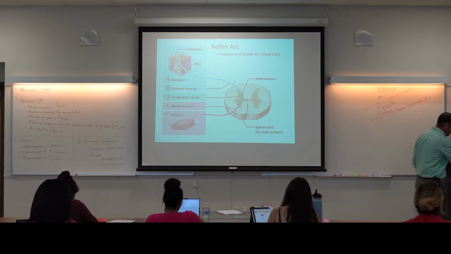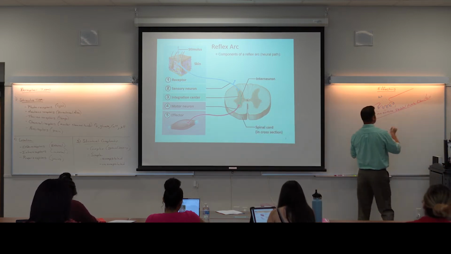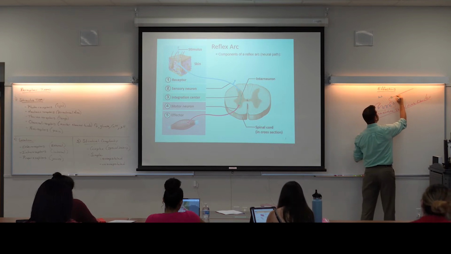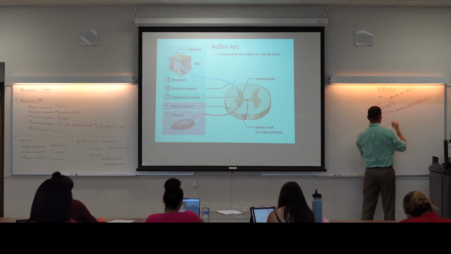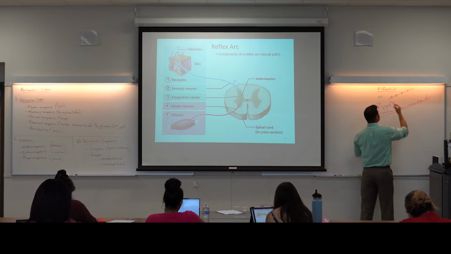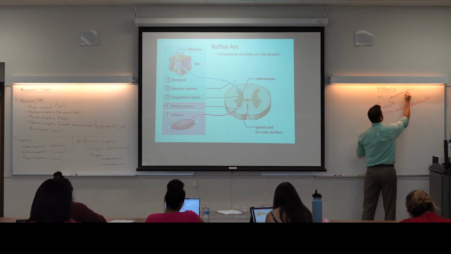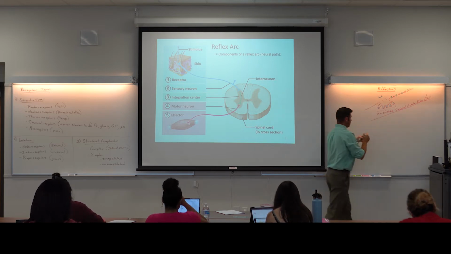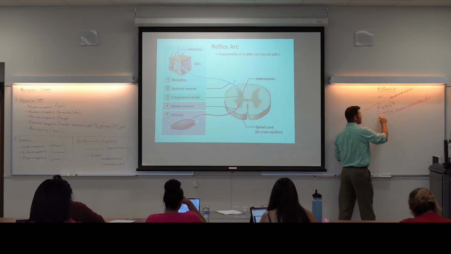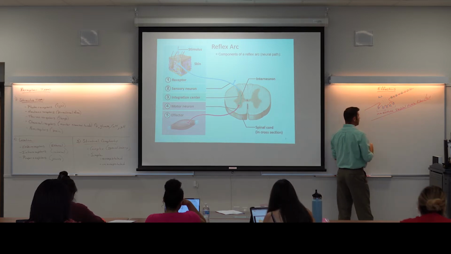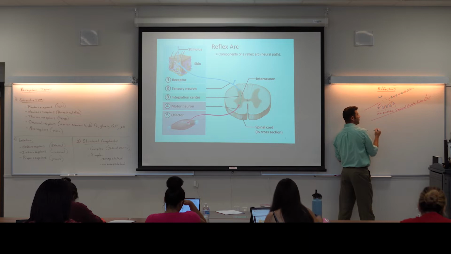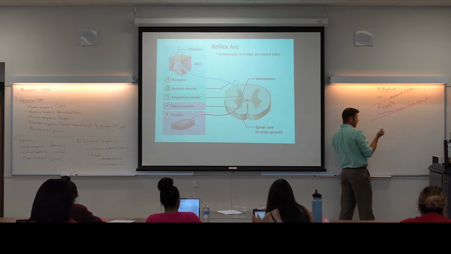There it is. As soon as we got up to this smooth sarcolemma is where we had our voltage gates for sodium and voltage gates for potassium. So down here, this motor end plate, we said this end plate potential is a type of graded potential. It's dependent on chemical signals, and if there is enough chemical signal.